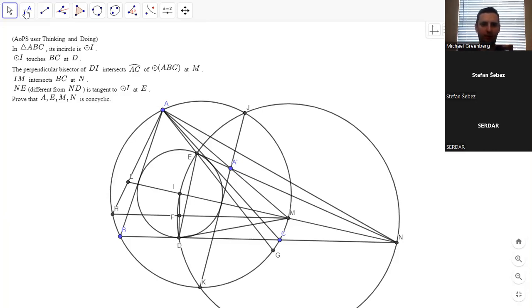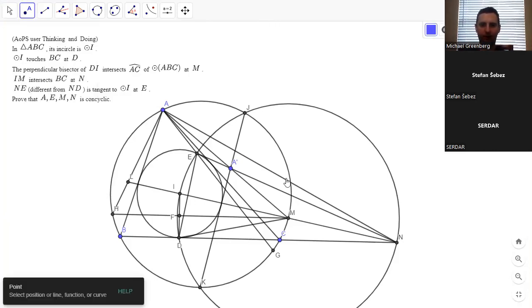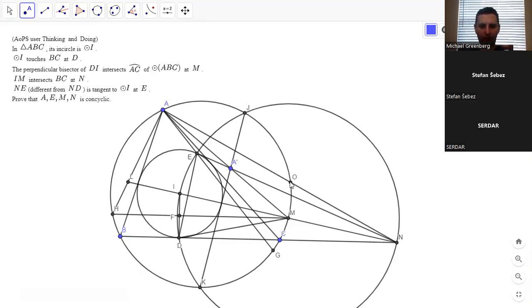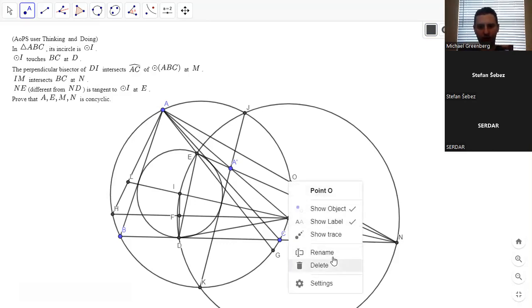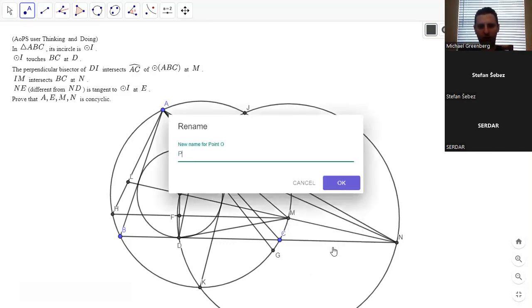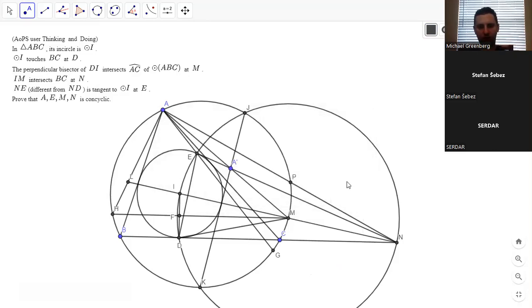I don't know if it helps to draw this point and try to show MO equals MG. We call it P. Yeah, what can we say about AEG?